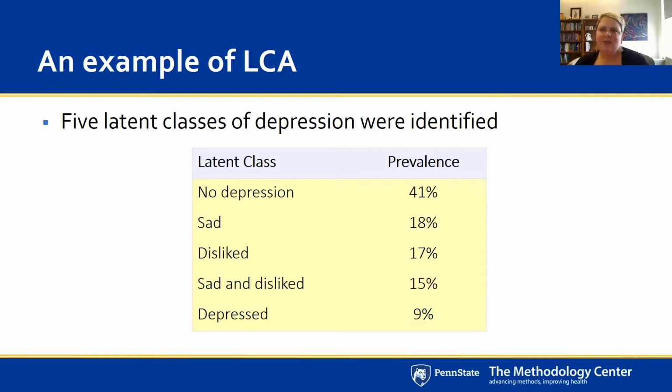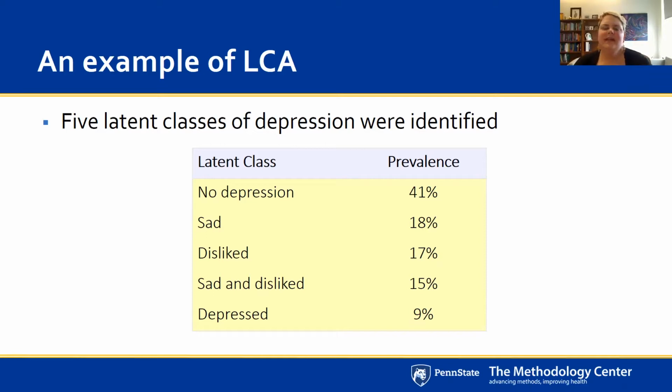One of the questions that we might have is, what are the prevalence rates of all of these classes in the population? This particular example is coming from wave 1 and wave 2 of the AdHealth data. And you can see that about 41% of our population was expected to have no depression. In contrast, about 9% of them were expected to belong to the class that we would think of as depressed.